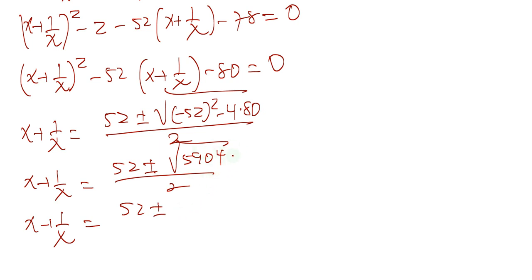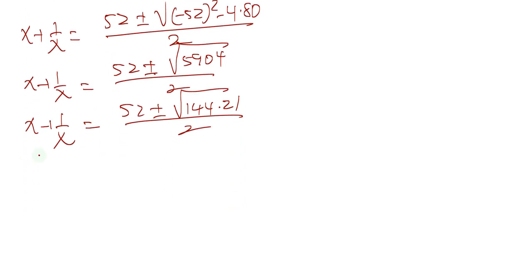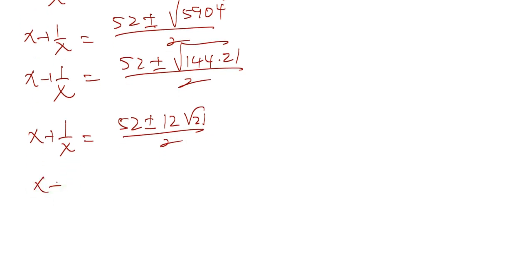Well, simplifying this, this number can be written as 144 times 21, all divided by 2, right? And then from here we have that x plus 1 over x is equal to 52 plus or minus, this one here is 12, right? So we have 12 square root of 21 here divided by 2, and when we simplify all by 2 we get x plus 1 over x equals 52 divided by 2, which is going to be 26 plus or minus 6 square root of 21.